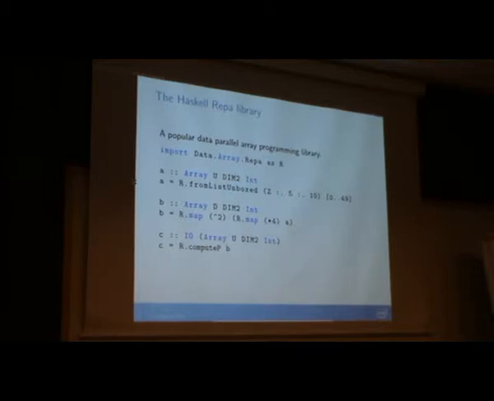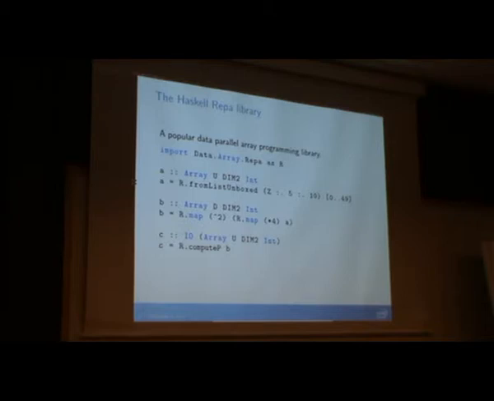It's a two-dimensional array, that's Dim2, and it's constructed from a generator from a list, which has dimensions 5 and 10. And then we compute from A to get some result B. And B here, if you look at the type, is different from A, with the D annotation, which is indexed differently.